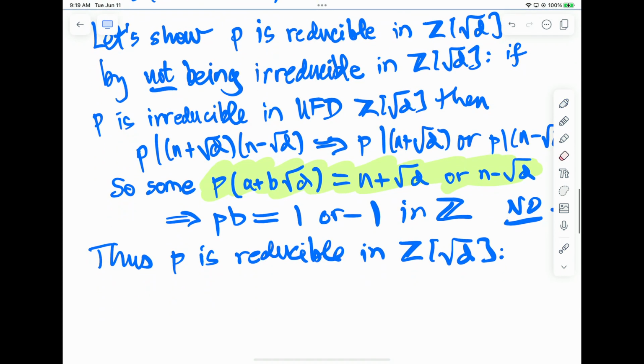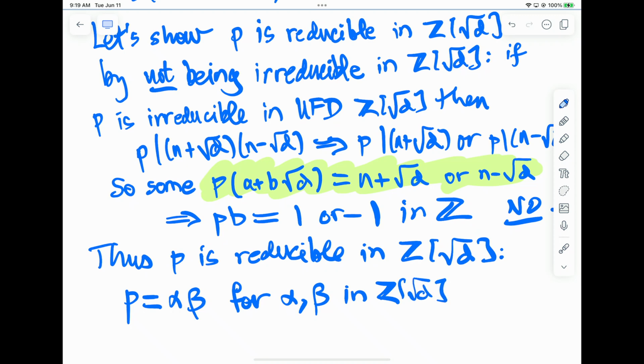Okay, so in other words, P has to be a product of alpha and beta in Z root D that are not units, not invertible. Now, I've kind of glossed over a subtlety here. If something is not irreducible, that really doesn't make it reducible. Maybe it's instead a unit.